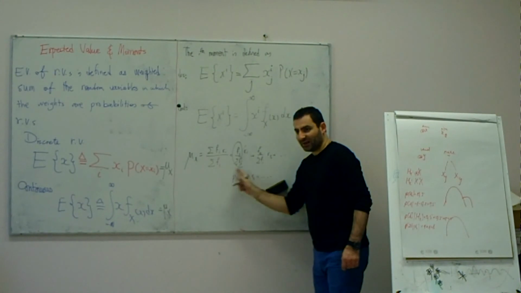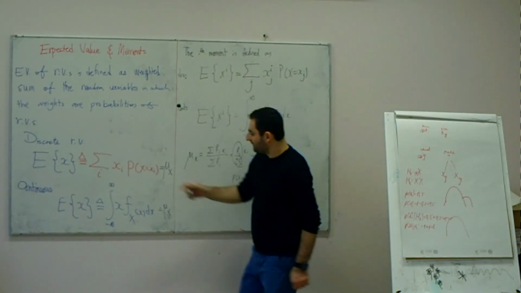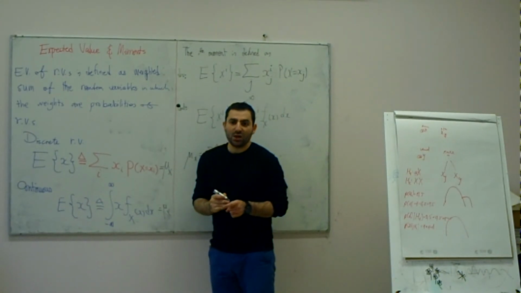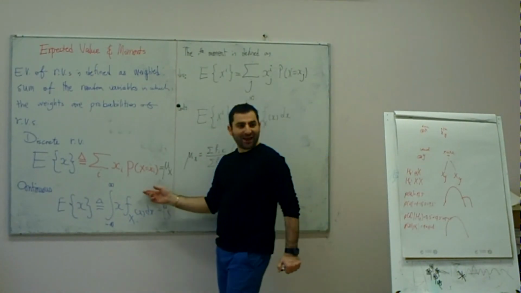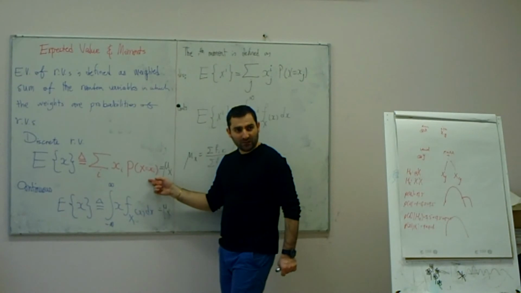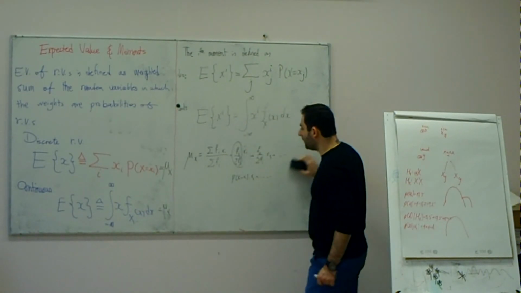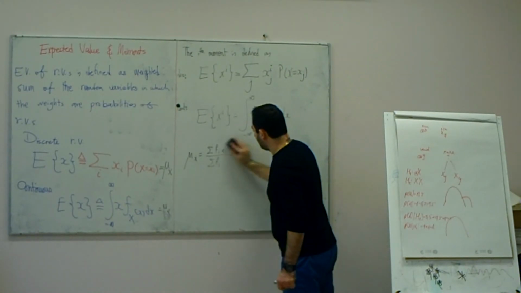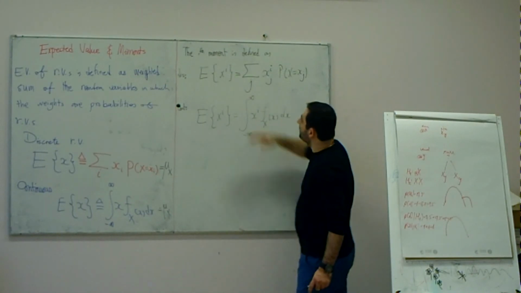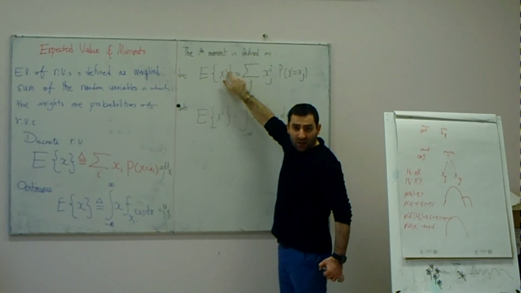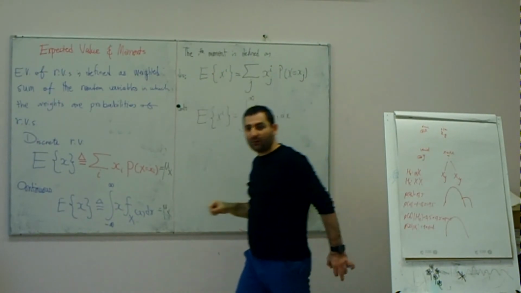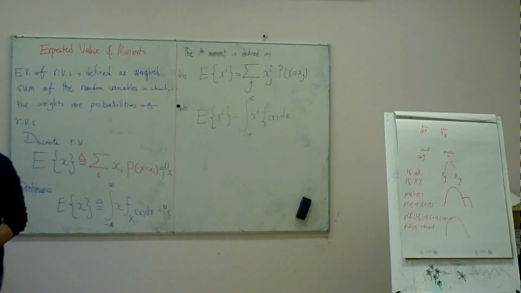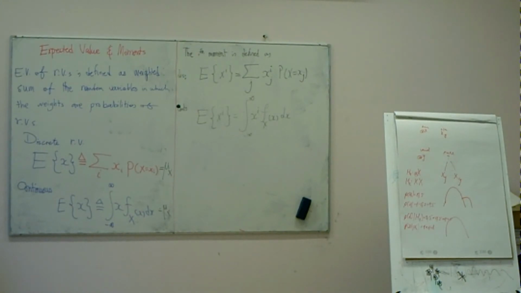So that division is already in the probability. So the first moment, or the expected value, is equal to mu x. The moment of x to the power i is the expected value of x to the power i.